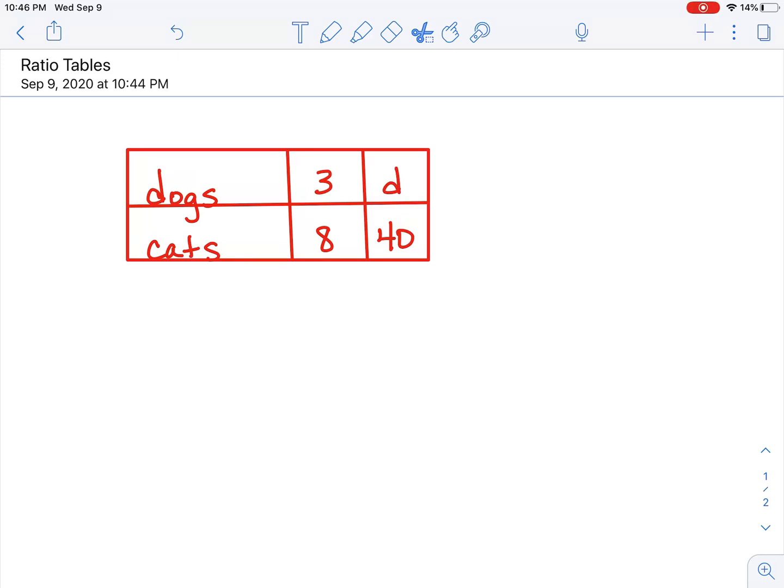Okay, guys, today we're going to talk about ratio tables. And all a ratio table is a proportion put inside of a box. So I could take this part right here and rewrite it like that.